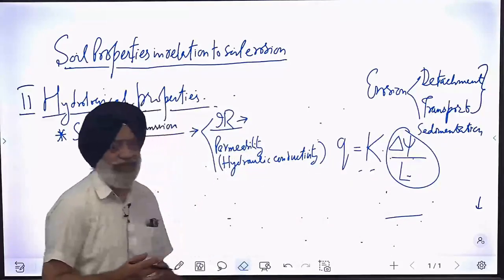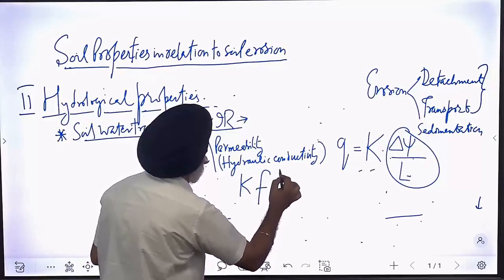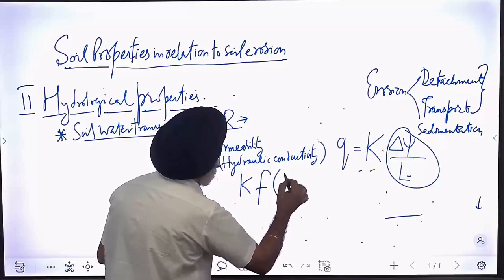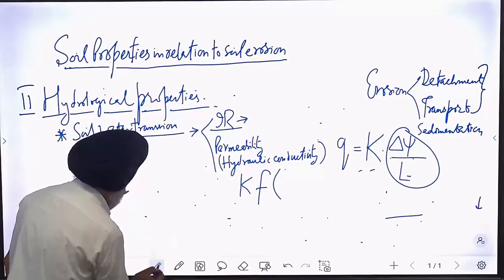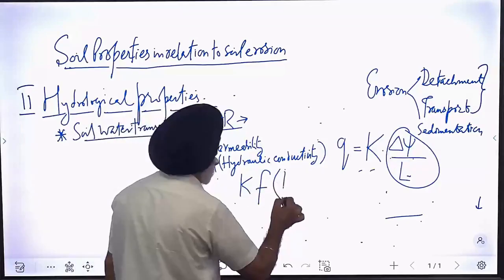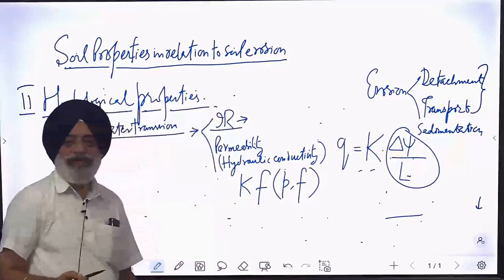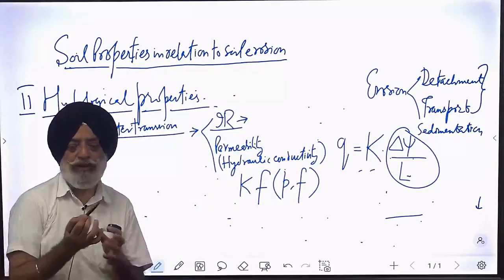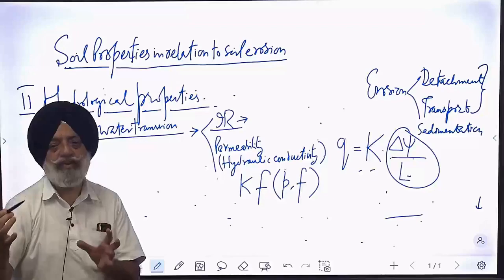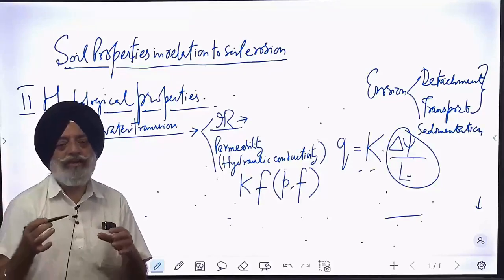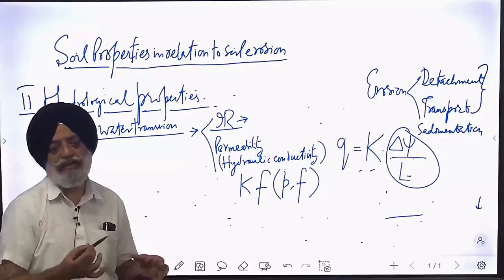Now, here hydraulic conductivity, if I say K, it is a function of permeability, we denote it as small p, and fluidity. Now, permeability is completely a property of the soil. It depends purely on properties of soil, like you have macroporosity, microporosity. More macropores, higher will be permeability.